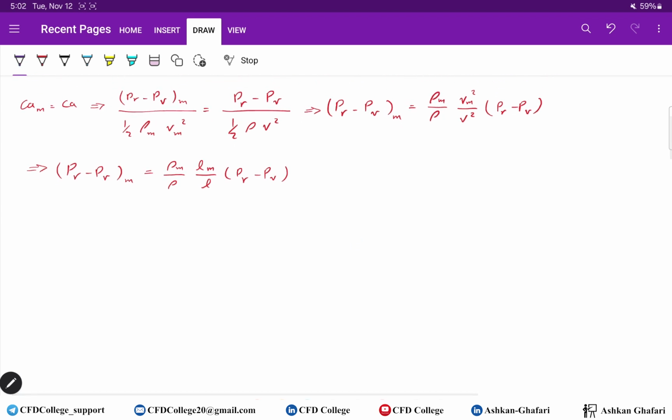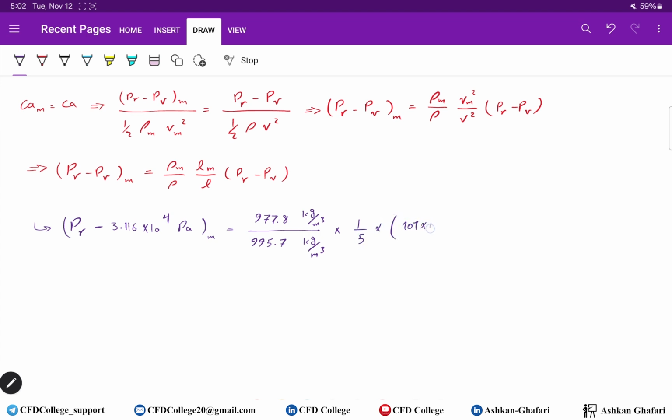Okay, P, we don't know it, minus Pv for the model, 3.116 times 10 to the power 4 Pascal, is equal to 977.8 kilograms per cubic meter over 995.7 kilograms per cubic meter times 1 over 5 times 101 times 10 to the power 3 Pascal minus 4.243 times 10 to the power 3 Pascal.